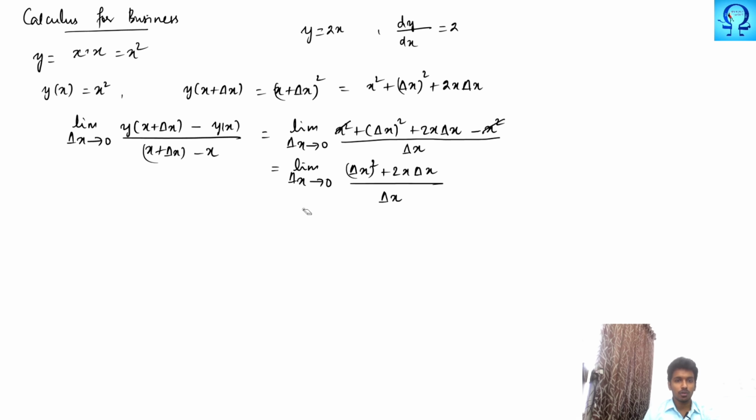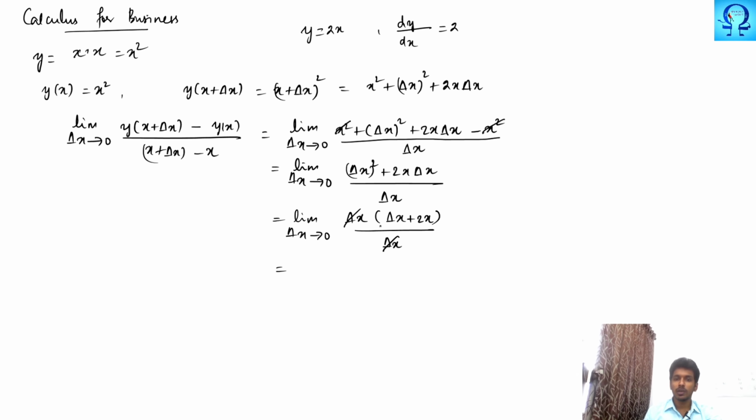And what are we going to do? This is the limit as delta x approaches 0. In the numerator, we may try to take this delta x outside. So delta x plus 2x upon delta x. Now we can cancel these two things, right? Since delta x is approaching 0, this quantity is approximately equal to 0.